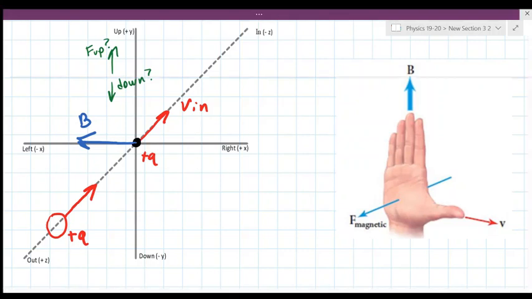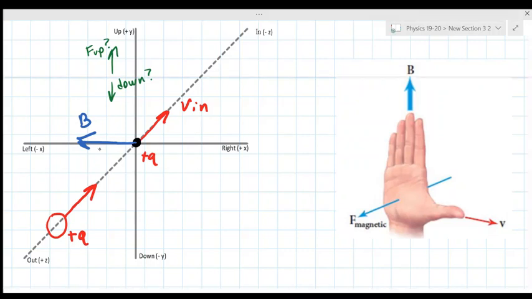So let me get my little orange hand here. I mean, who has orange hands? I can't think of anyone. But the velocity is to the right, and the fingers are to the left. Sorry, my hand drawing's so bad. So let me just try that again.